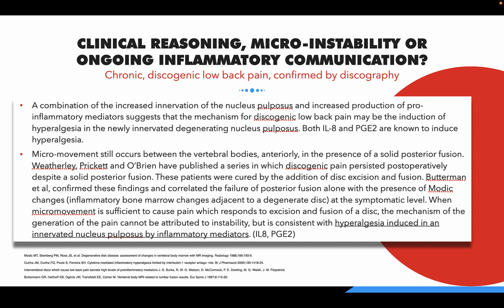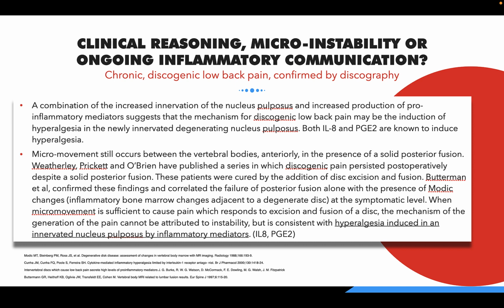When micro movement is sufficient to cause pain, which in turn responds to excision and fusion of the disc, the mechanism of the generation of the pain cannot be attributed to instability, but is consistent with hyperalgesia induced in an innervated nucleus pulposus by inflammatory mediators, meaning it is ongoing chemistry. It is nociceptive.